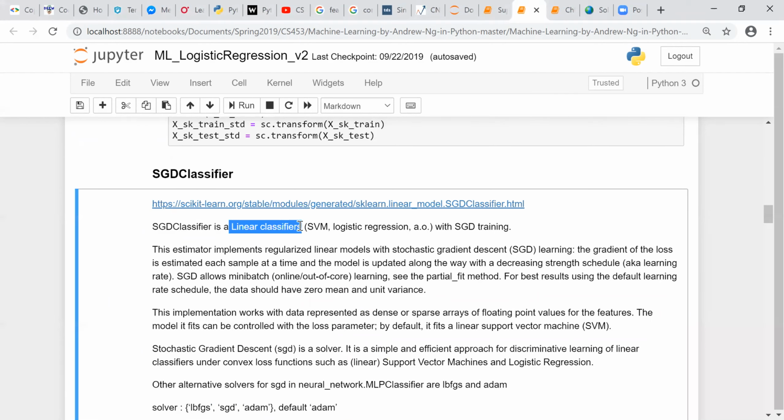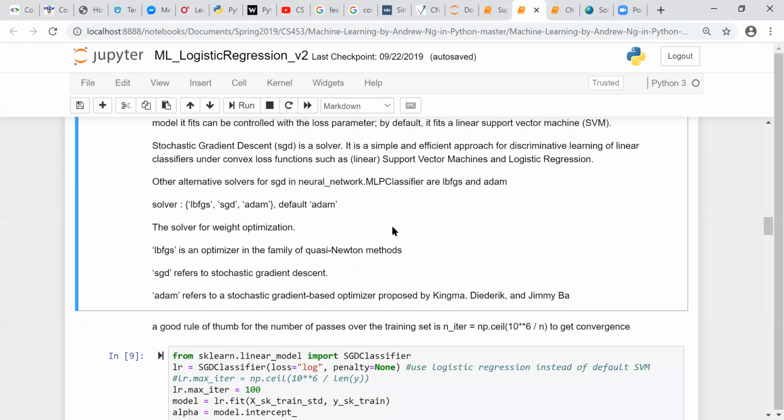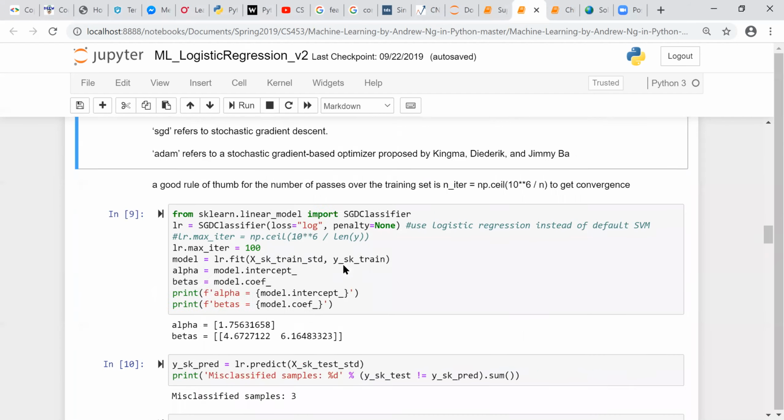It's a linear classifier. The detailed information you can find in the documentation of the scikit-learn library. For linear classification you can use logistic regression. Tomorrow we will also learn SVM, so you can choose different solvers here, and it lists the different solvers.